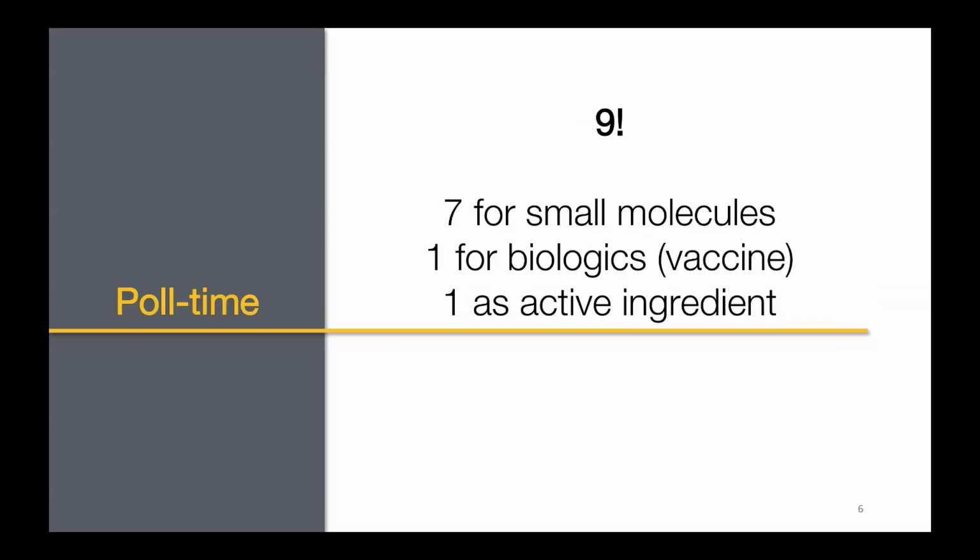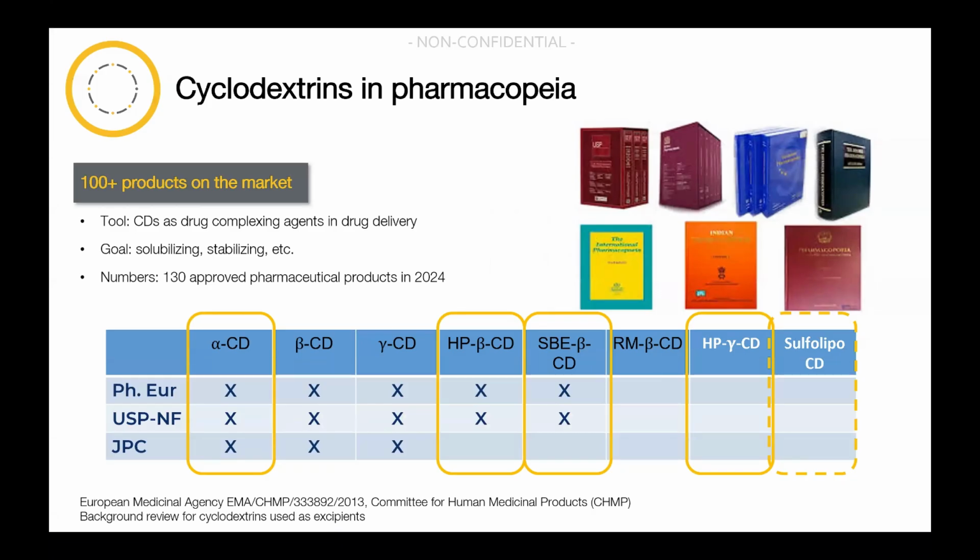Okay, so let's see which cyclodextrins those are. You can see in this picture that there are eight of them. You remember that I said nine, but in this slide we will talk about excipients, and I said that there is one API. So the nine are the alpha, beta, gamma cavities and their derivatives.